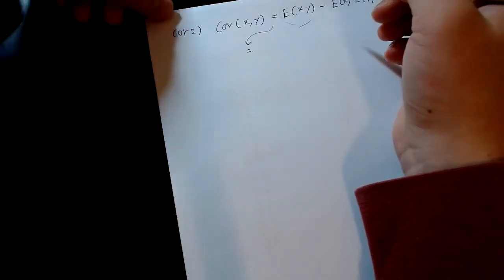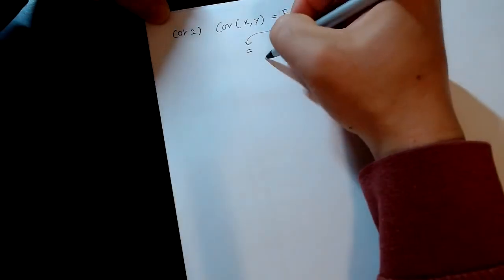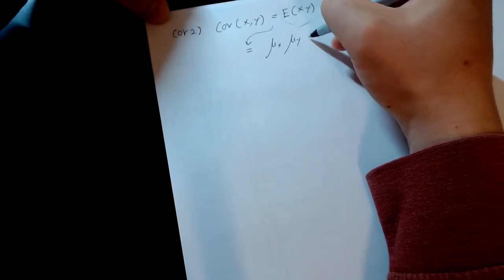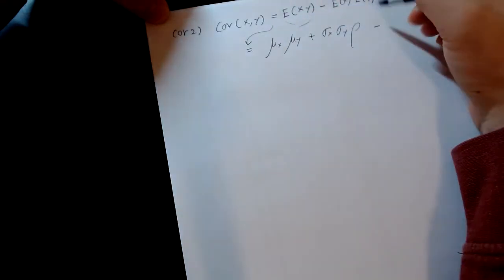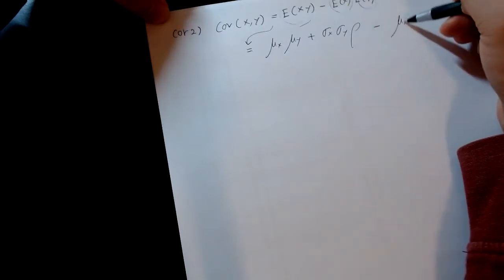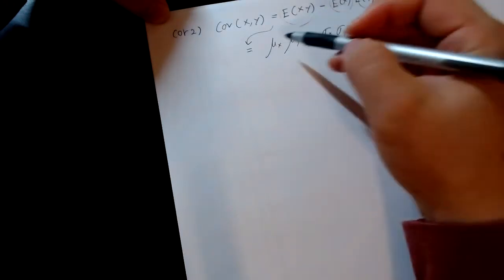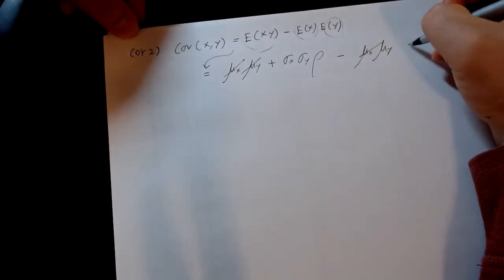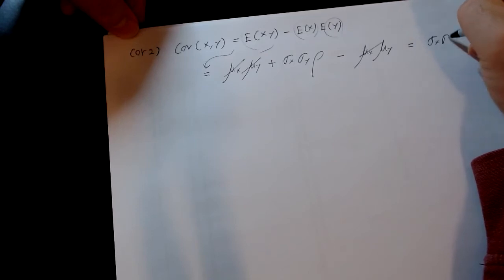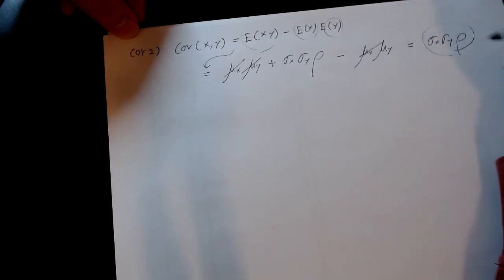The expected value of X times Y is mu x times mu y plus sigma x sigma y times rho, right? The minus E[X]E[Y] is mu x mu y, so mu x times mu y cancel out. So now this is equal to sigma x sigma y times rho.